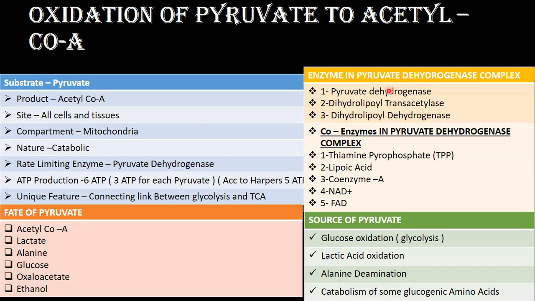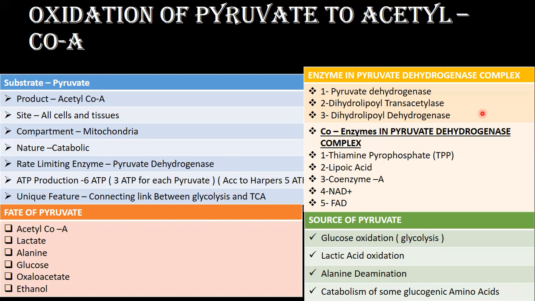Moving forward, enzymes in the pyruvate dehydrogenase complex. The enzymes are pyruvate dehydrogenase, dihydrolipoyl transacetylase, and dihydrolipoyl dehydrogenase. These are the 3 enzymes which you need to remember. Then we come to coenzymes in the pyruvate dehydrogenase complex.